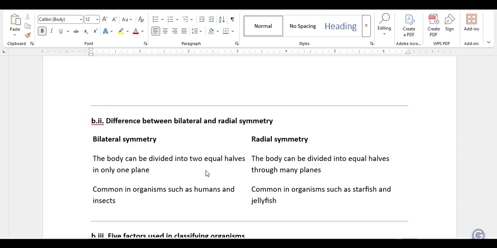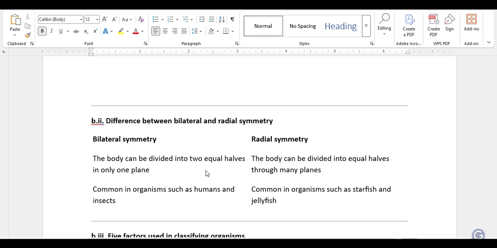Bilateral symmetry is common in organisms such as humans and insects, those with a head, where the nerves are concentrated at the anterior part, forming a head. Those organisms are referred to as cephalized.